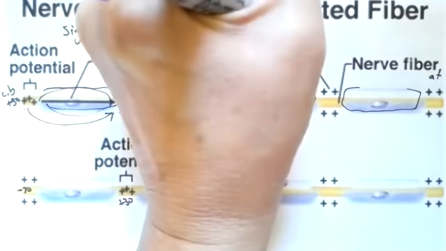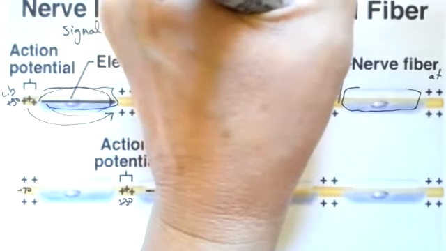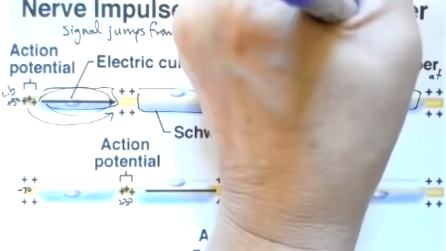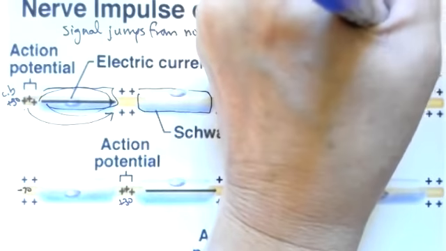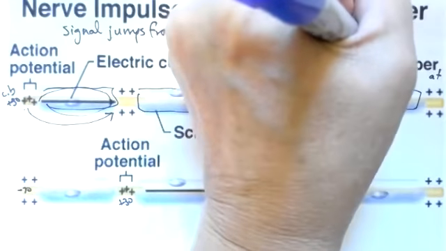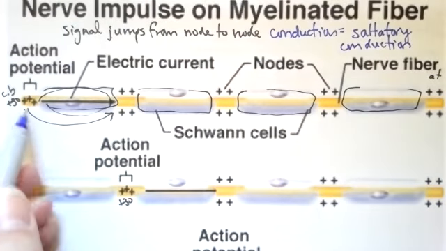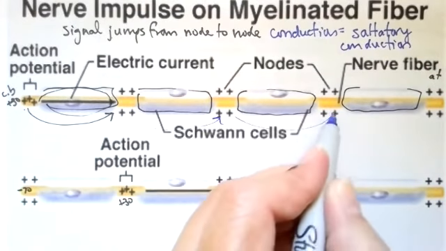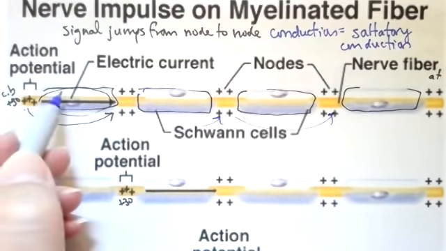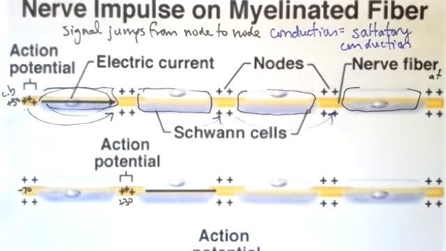Conduction is called saltatory conduction. Again, it takes place from node to node to node, and it allows us to bypass, in a sense, oversimplifying a bit, the axon that's covered up by the Schwann cell.